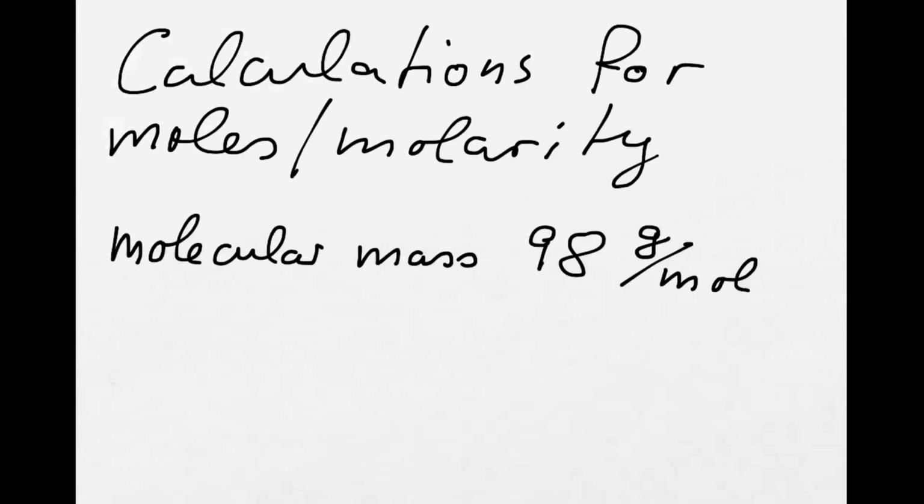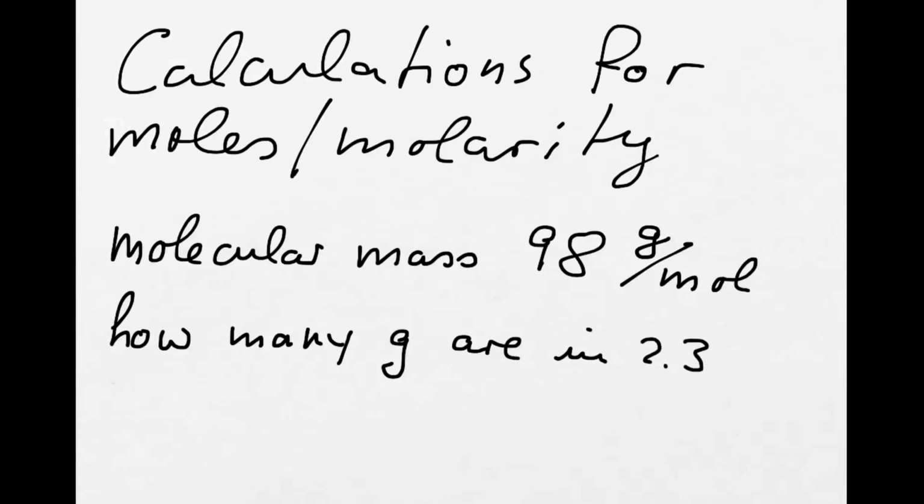And I want to know how many gram are in 2.3 millimole. Okay? So that's basically a typical question. And what I want you to do is think about how you would get this done.